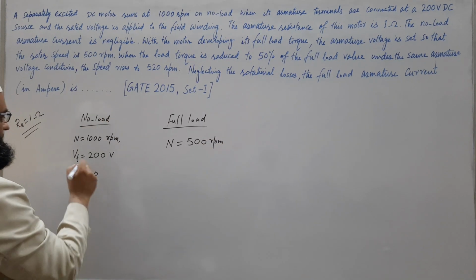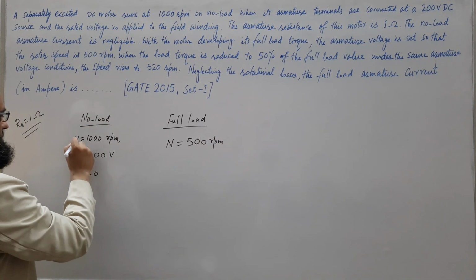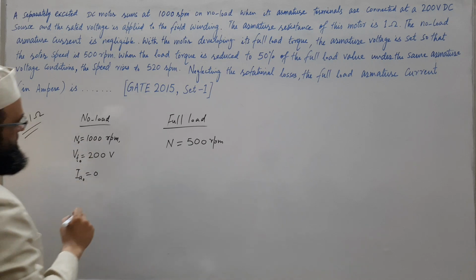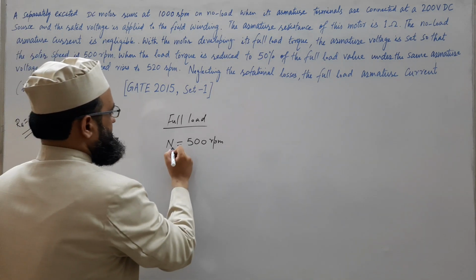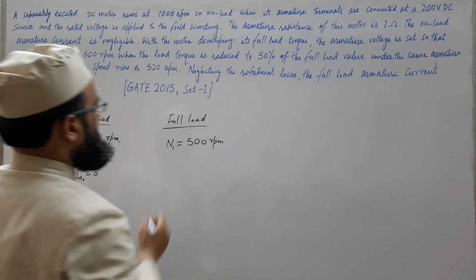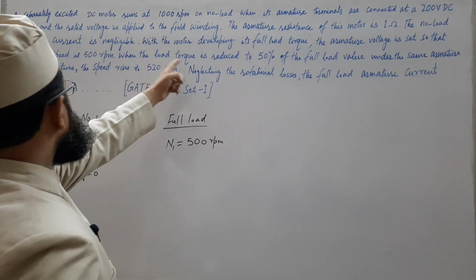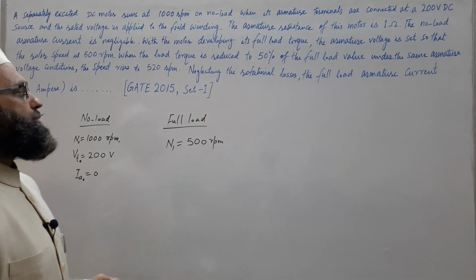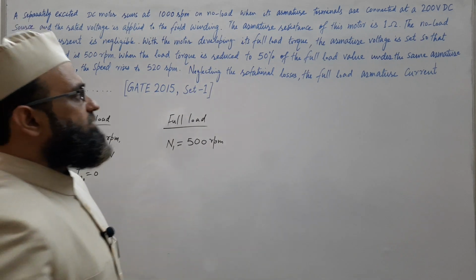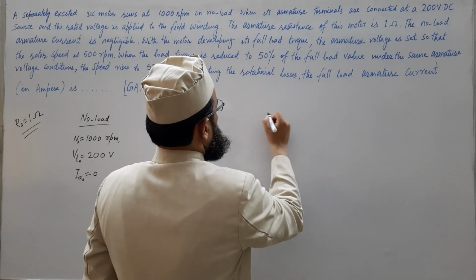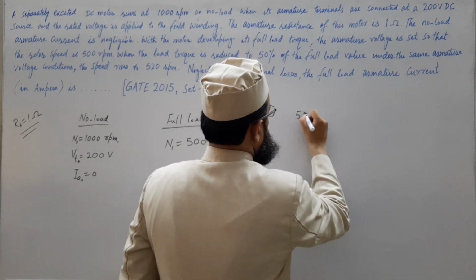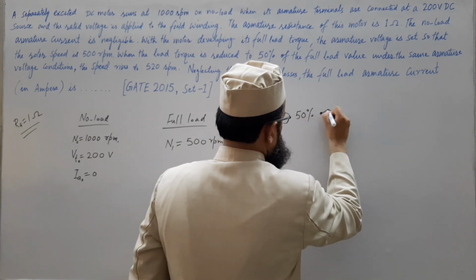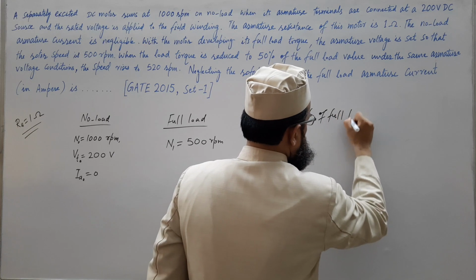Let us represent no load as 0, and this is N1 at full load, N1 rpm. When the load torque is reduced to 50%, so load torque has been reduced to 50% of full load.